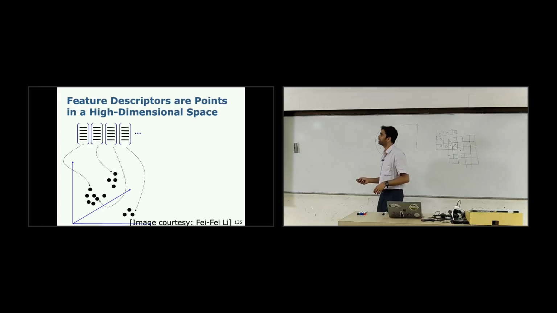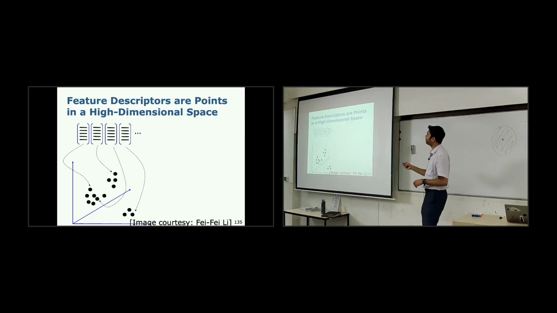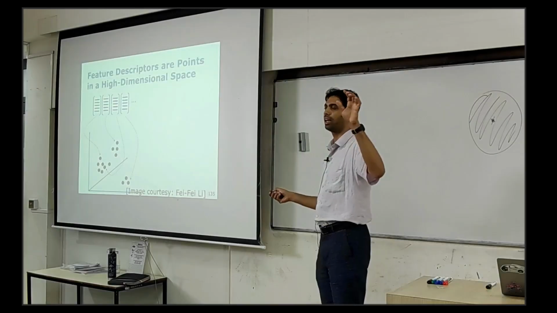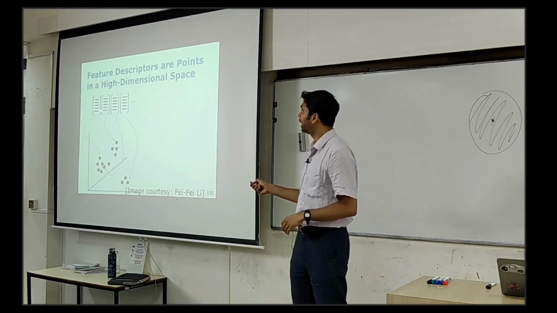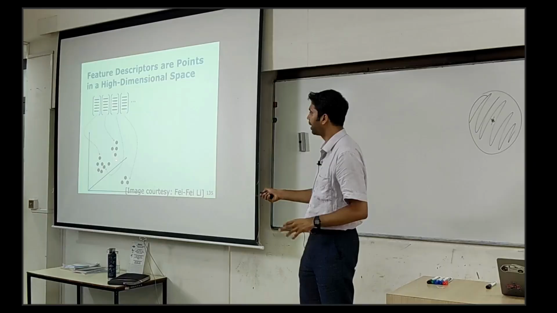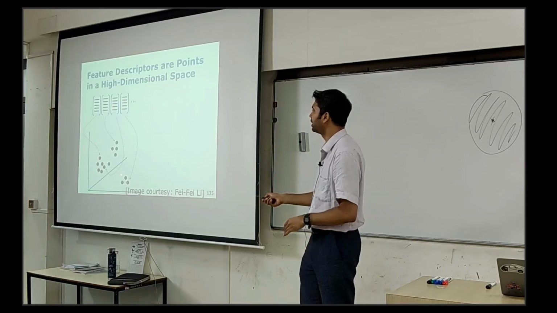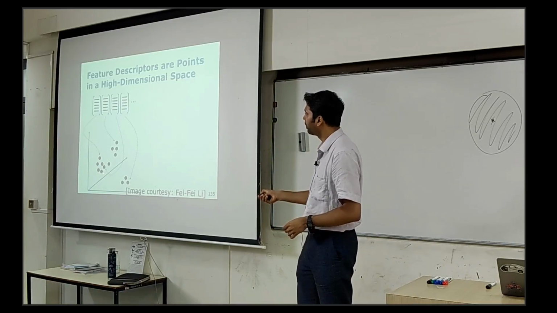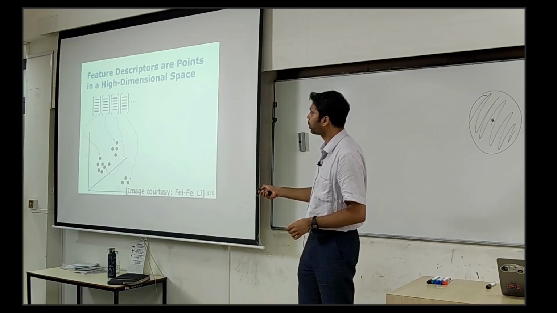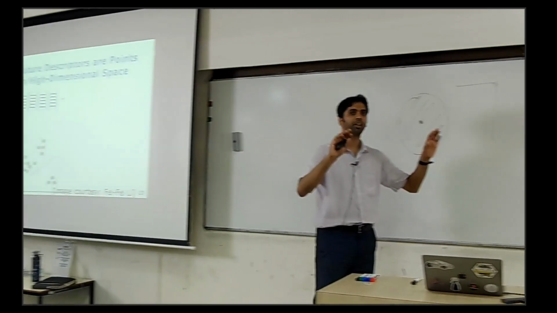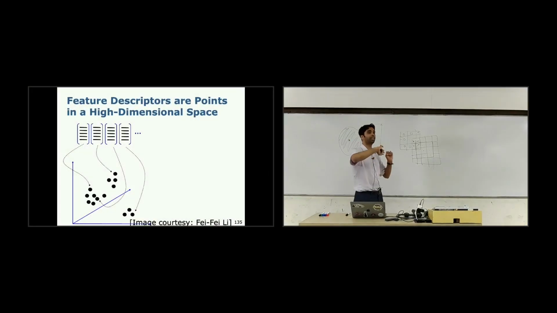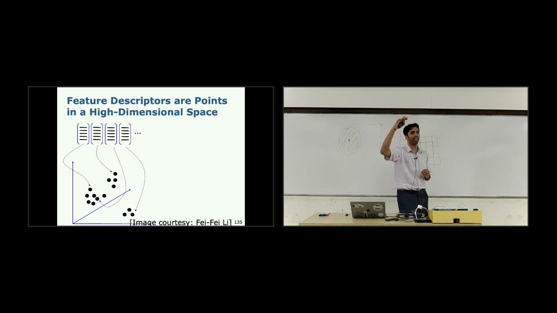And the way you do this is you say in the high dimensional space, whatever, a SIFT vector is 128 dimensions. In a 128 dimensional space, which is of course here shown in a 3-dimensional bit, some of the features will fall close to each other. So maybe all the visual features which are on the road will fall close to each other on the 128 dimensional plane that you see.